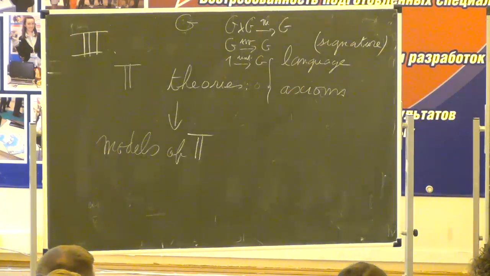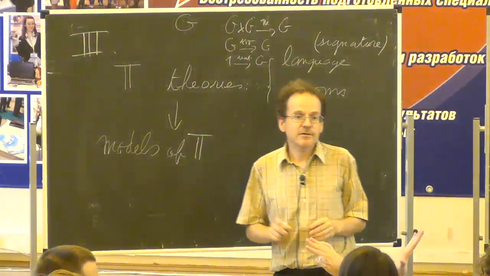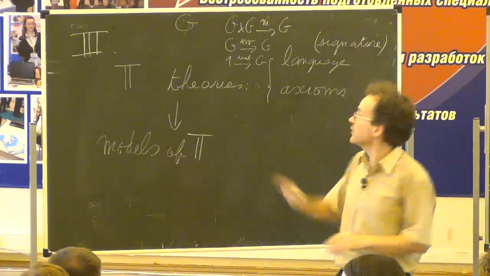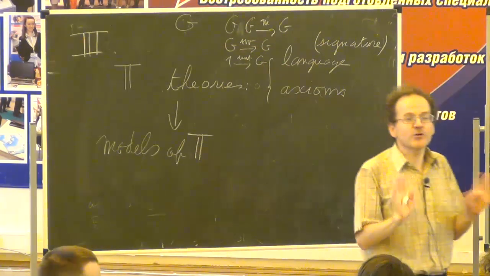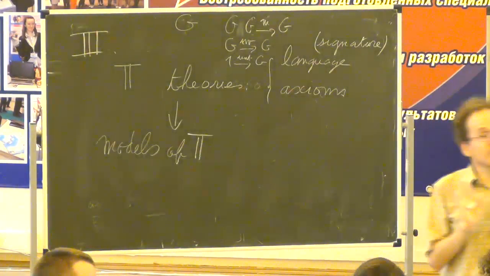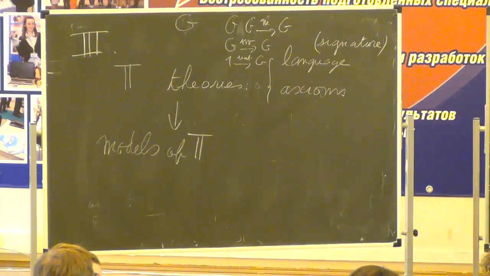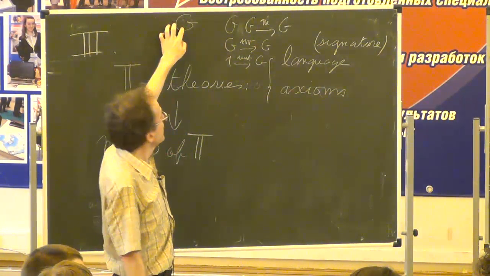Excuse me? What about one? What about this strange thing? No, at this level, I don't even write it. It is not part of the language of the theory. By now I'm just saying that I have a word for group.